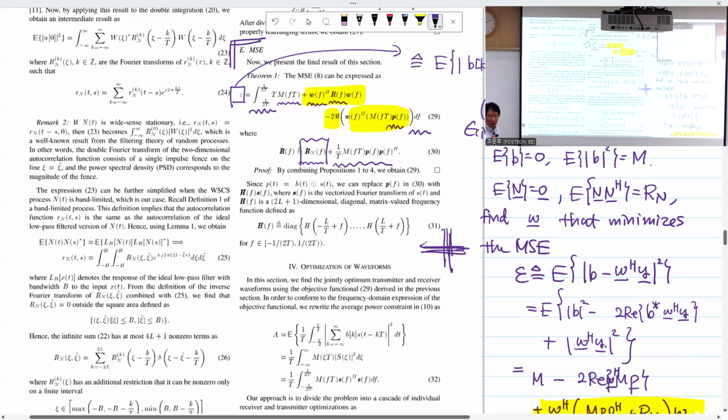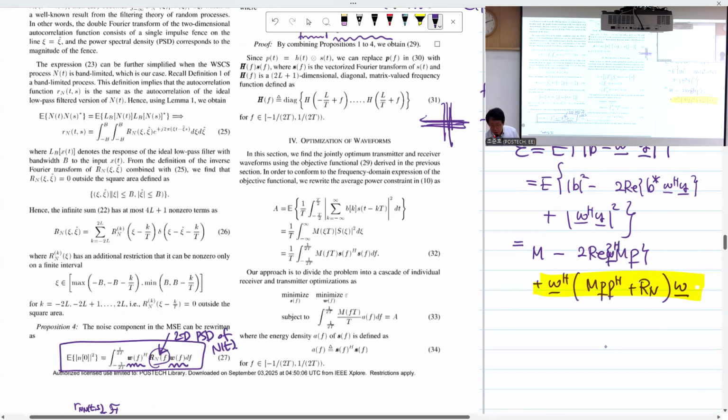So M times W Hermitian P. Of course, there is some scaling problem with 1 over capital T, but basically they have exactly the same form. Got it?